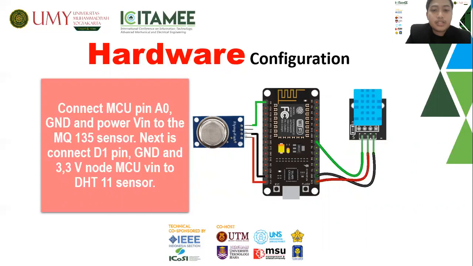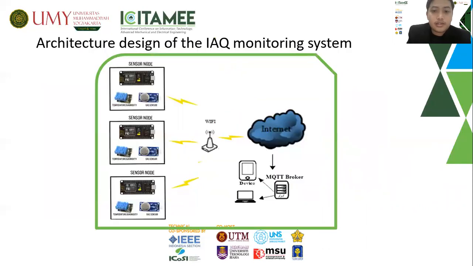And this is the hardware configuration. And then this is the illustration of our proposed method. So as you can see, the study uses node sensors that can measure the environment and send sensor data to the cloud.